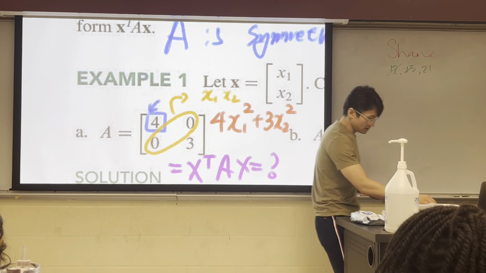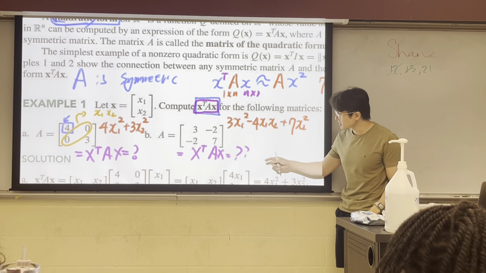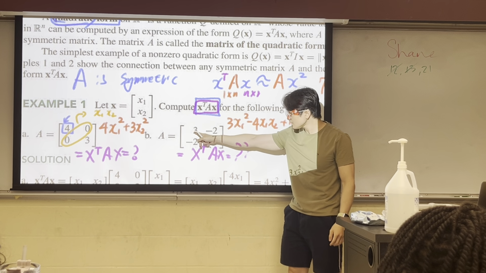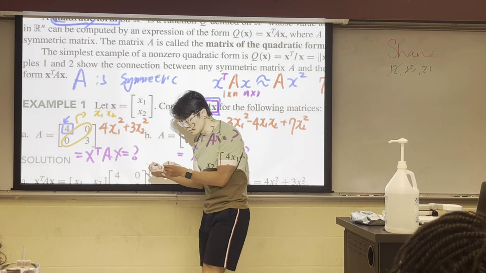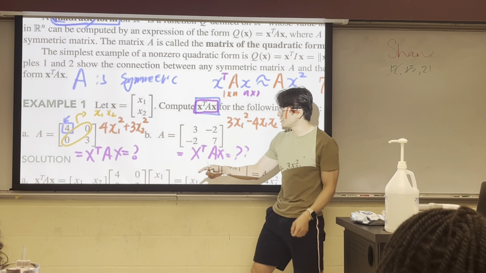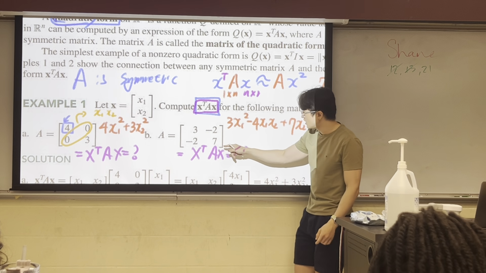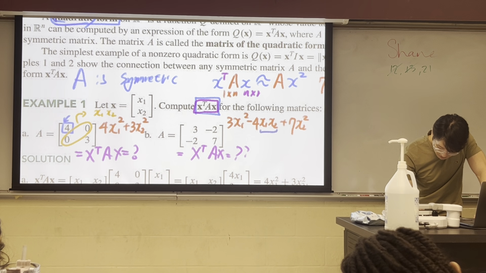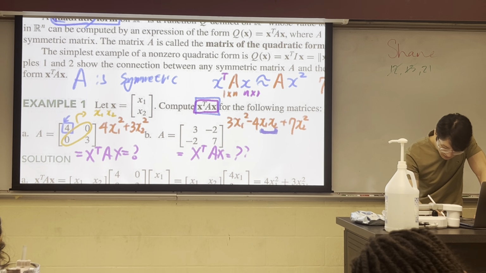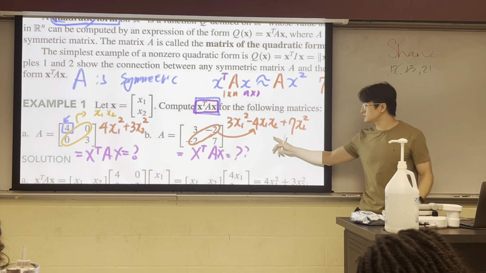You literally copy the entries on the main diagonal, 3 and 7, and those are used for the square terms such as x1 squared or x2 squared. The other terms are used for x1 times x2, so you have to add them to make the coefficient of x1 times x2.